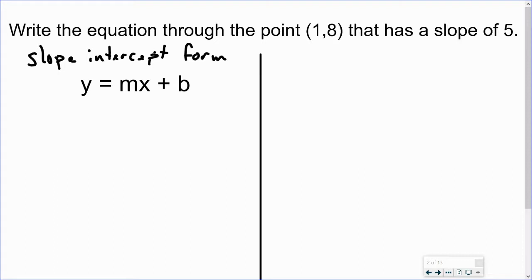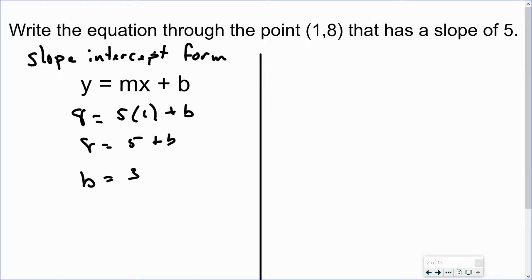Now, notice this, we're given a point and a slope. So I'm going to go through here, and I know that my point, my y value is 8, my slope was 5, my x value is 1, and I don't know what b is. So 8 is equal to 5 plus b, so b is equal to 3.